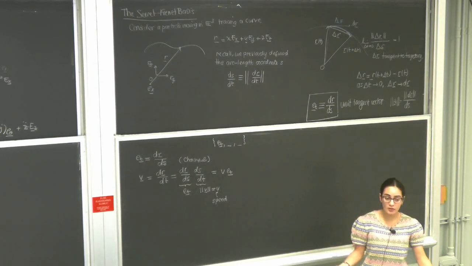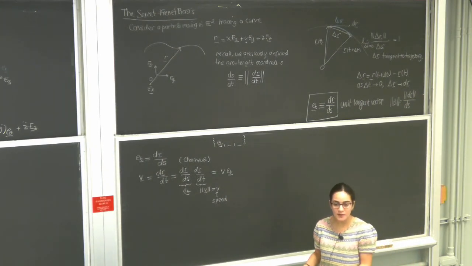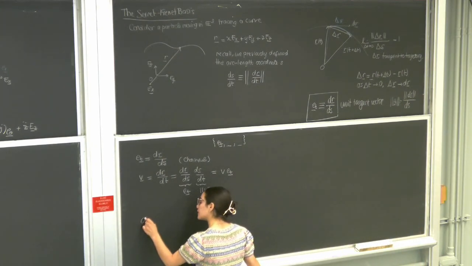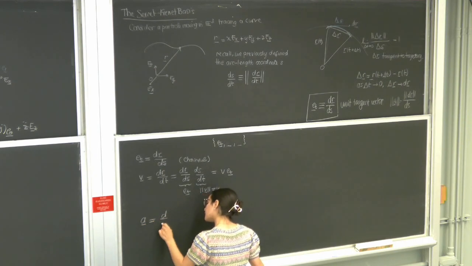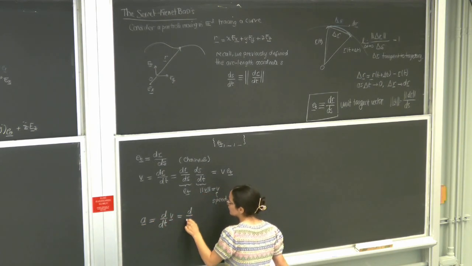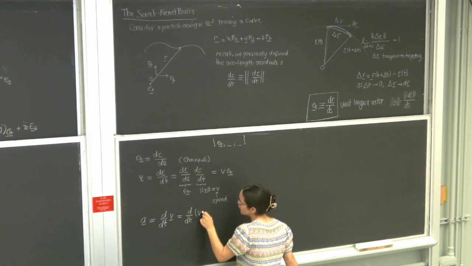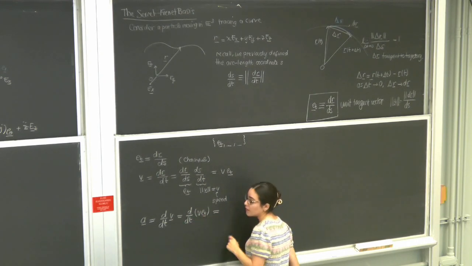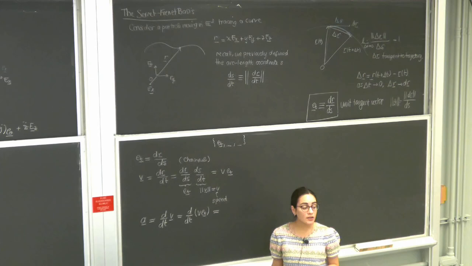Okay? Now, if I want to do kinematics in this basis, I'm going to probably need to find the acceleration of the particle. And how do I find the acceleration of a particle? That's just the derivative of the velocity. Okay? So a is d by dt of v e_t. Now, is v scalar changing in time? Yes, that's just the speed of the particle.